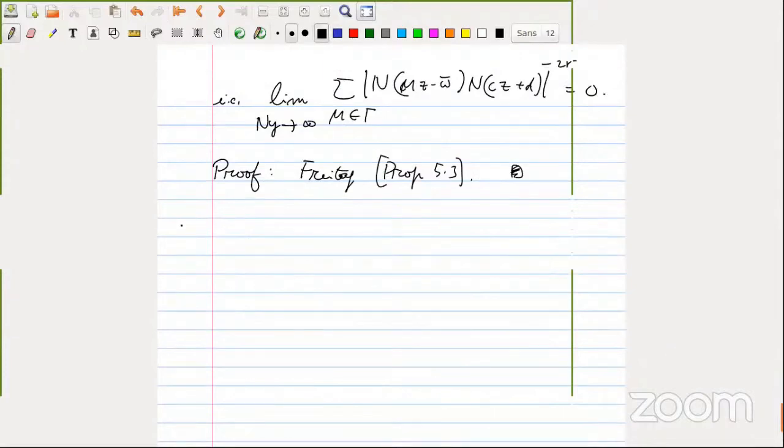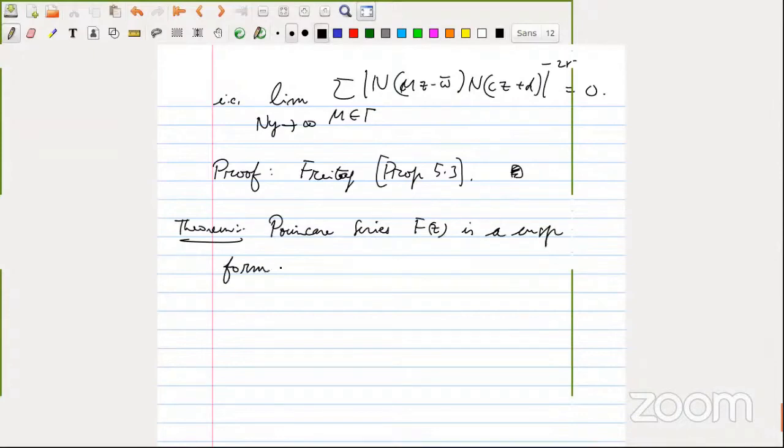But then this is the theorem, as a result, that this f of z, I mean the Poincare series f of z, is a cusp form of weight 2 times r.